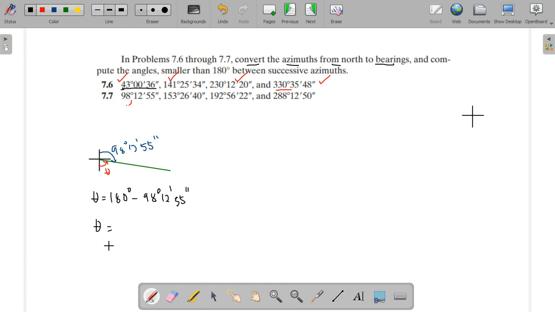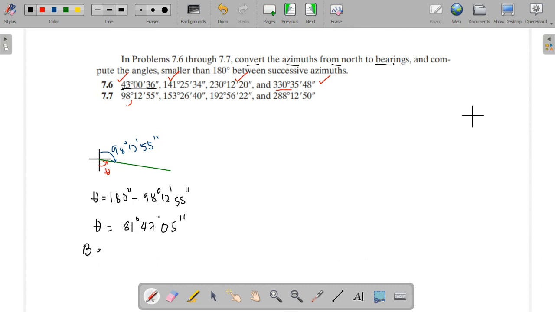Theta is equal to 81 degrees, 47 minutes, and 05 seconds.